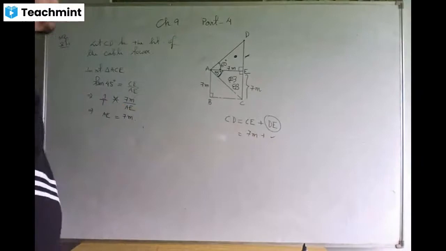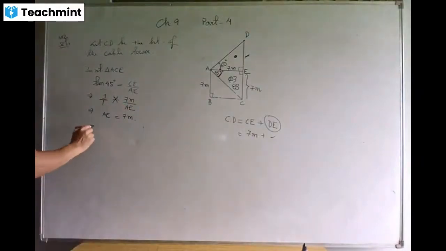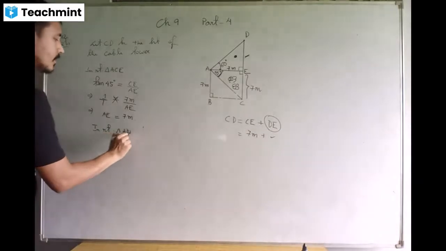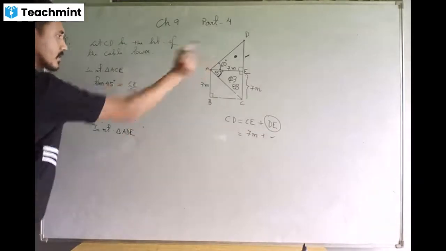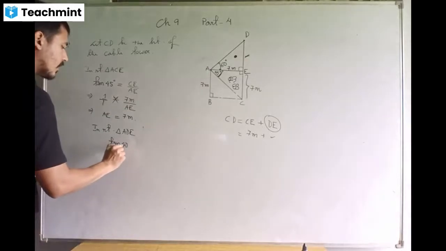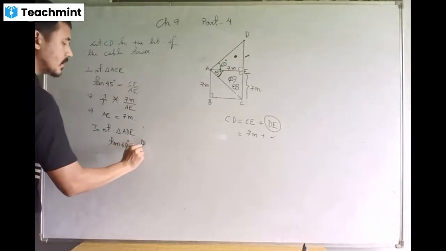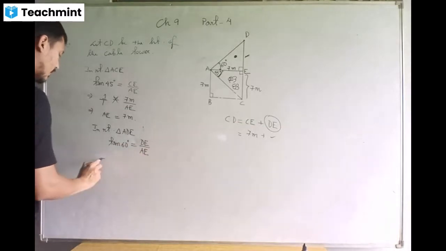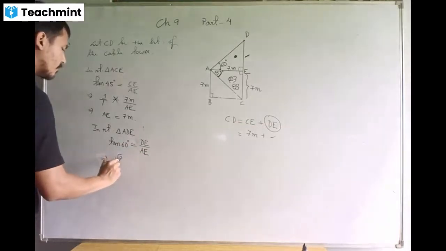All right. So in right triangle ADE, angle theta is 60 degrees. So tan theta is equal to DE, the opposite side, upon the adjacent side. Tan 60 degrees is square root of 3.